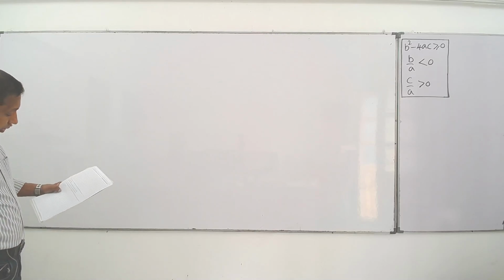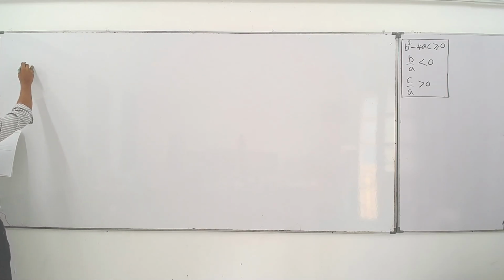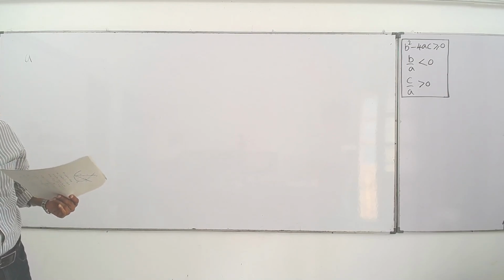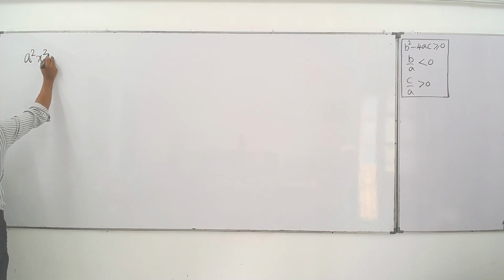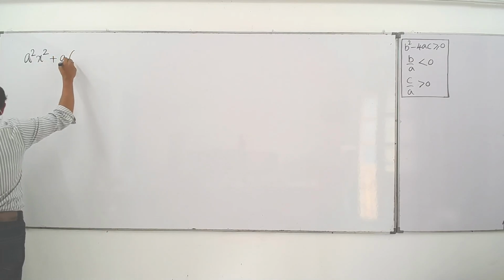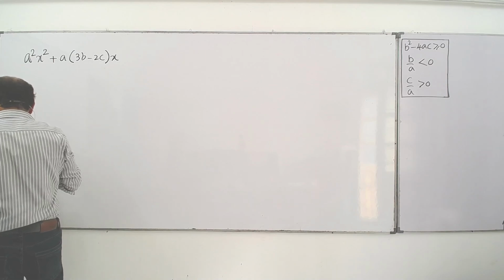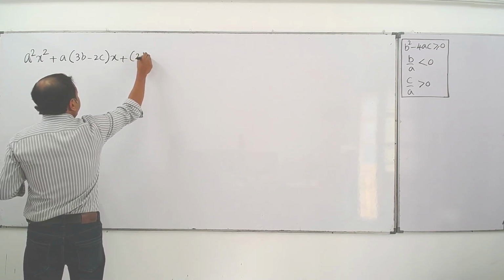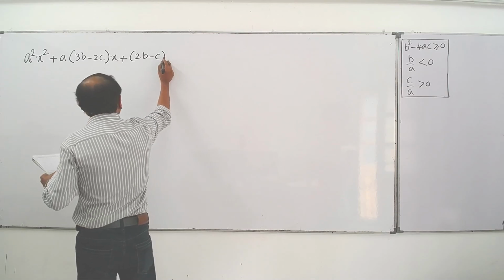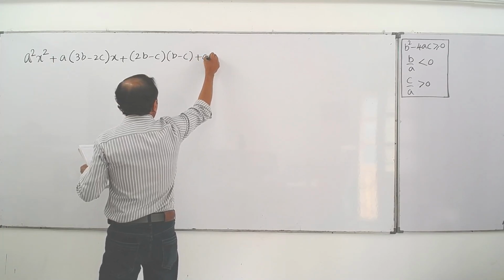Okay. The next equation is given this way: a squared x squared plus a times (3b minus 2c) x plus (2b minus c)(b minus c) plus ac equals 0.